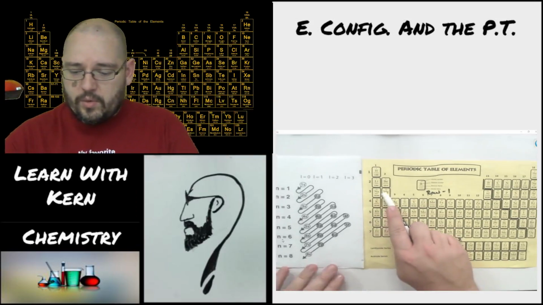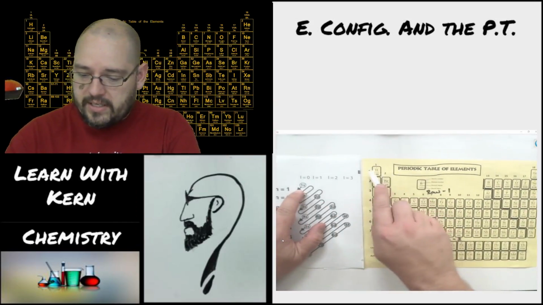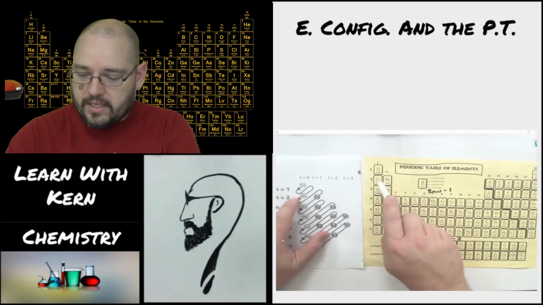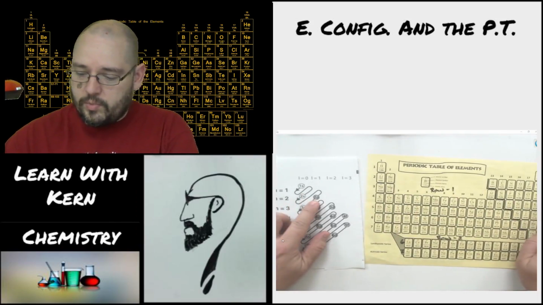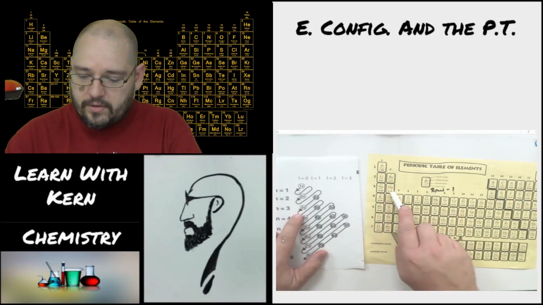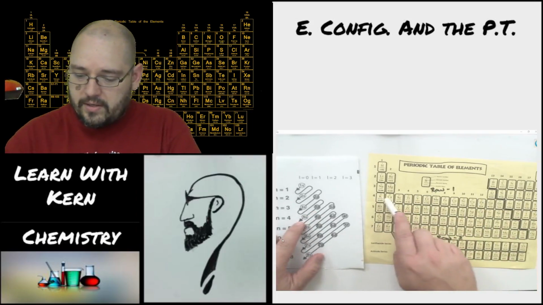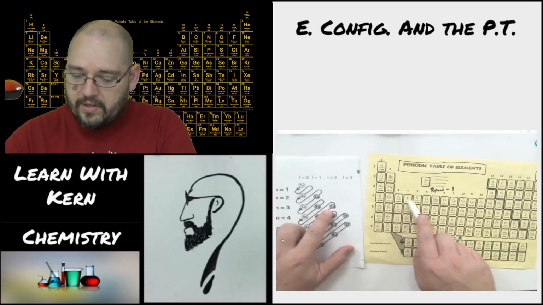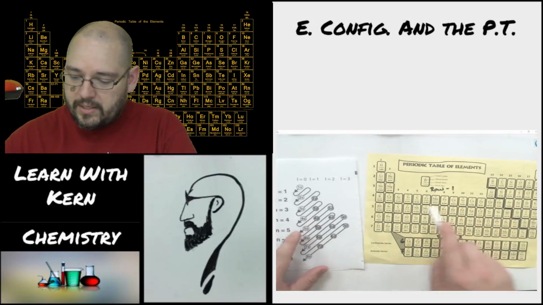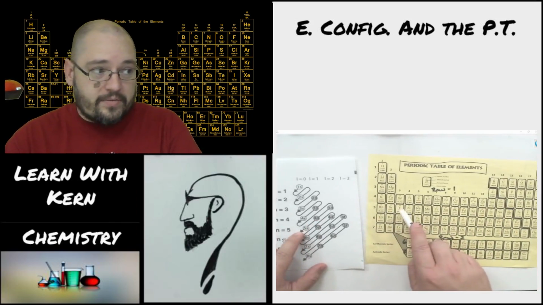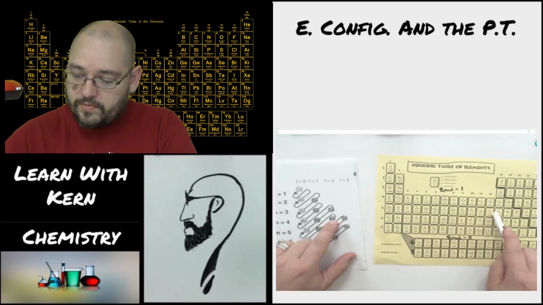So when you look at your periodic table, you've got 1s, and so again the helium is right here, so we fill up 1s, and then we have 2s, and then 2p, and then 3s, and then 3p, and then 4s, and then 3d, and then we have 4p, and then 5s, and then after 5s comes 4d.